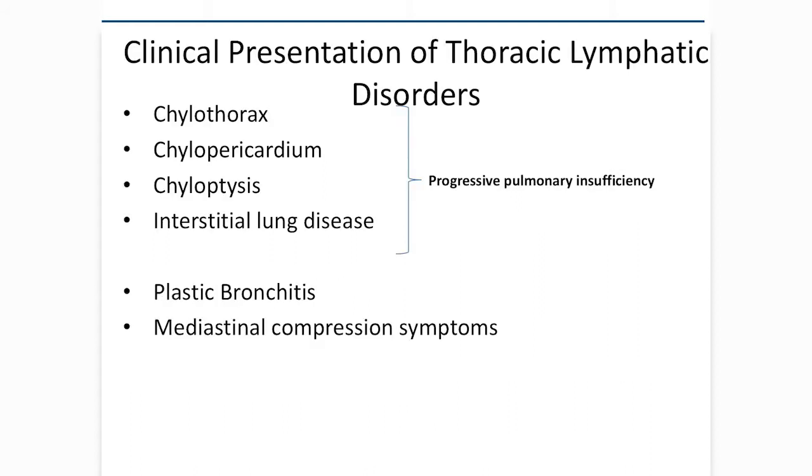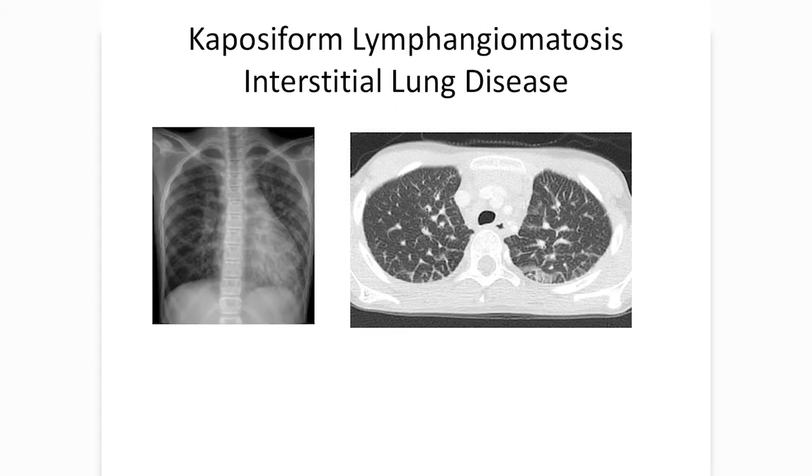What is the clinical presentation of these patients? Chylothorax, chylopericardium, chyloptysis, interstitial lung disease, and sometimes plastic bronchitis or mediastinal compression syndromes. So this is a typical interstitial lung disease in a patient with Kaposi-form lymphangiomatosis.